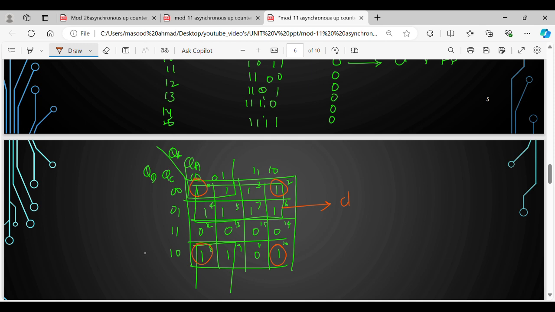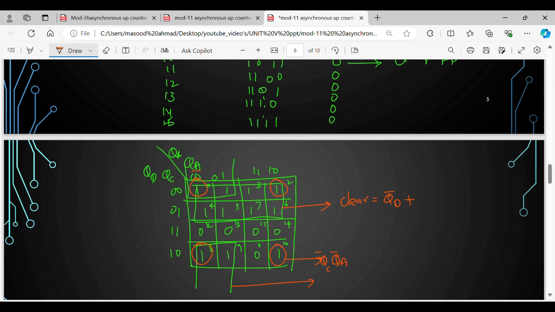So let us call it clear logic. The 8 ones combination, since QD has gone, is QD bar, plus what is the expression for this? What is common here is QA bar, and from here QC bar. So it is QA bar QC bar.